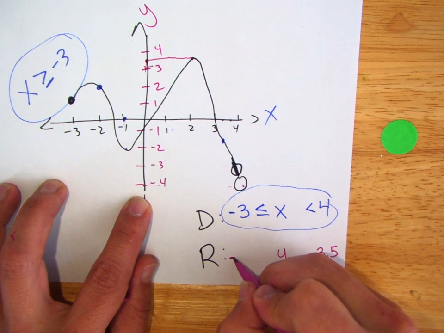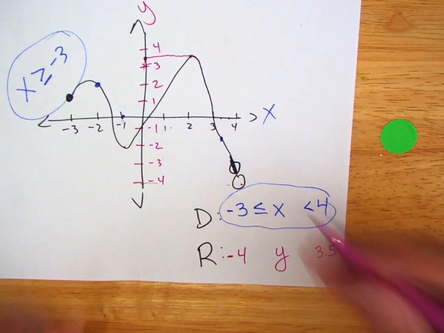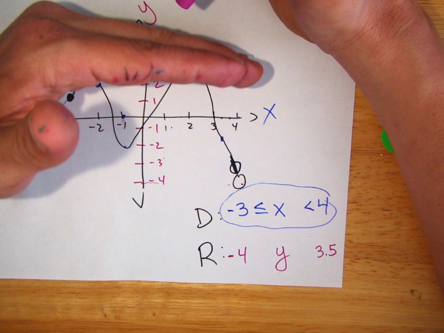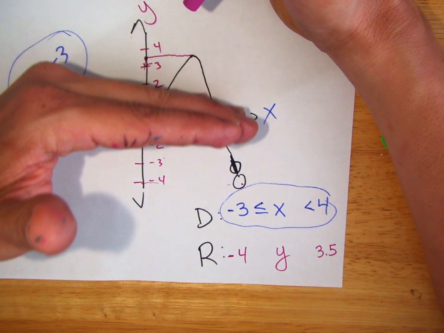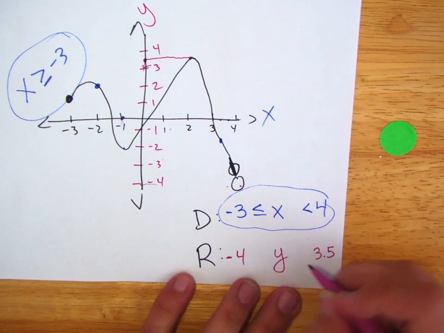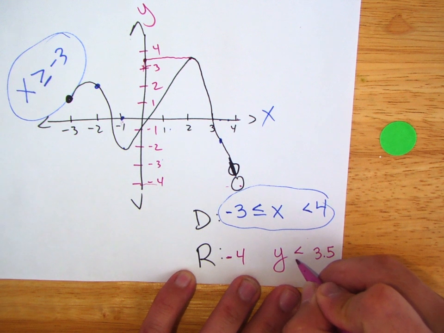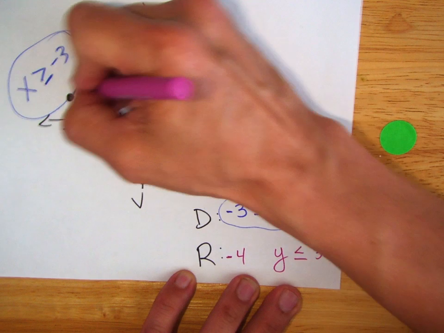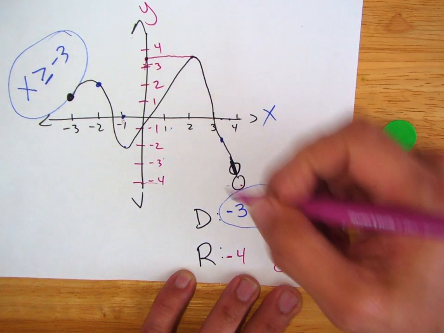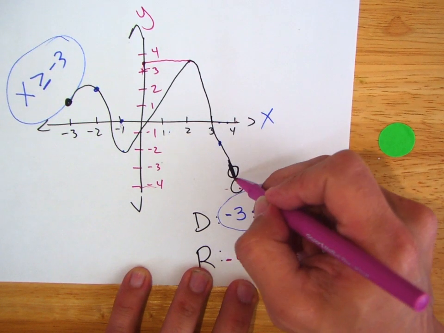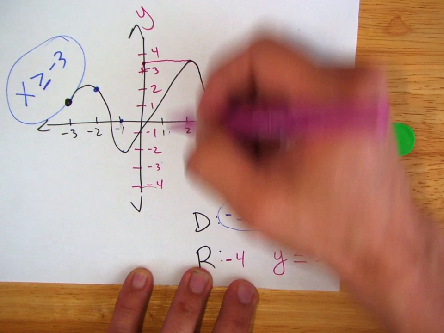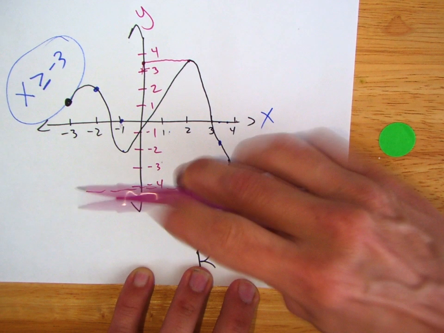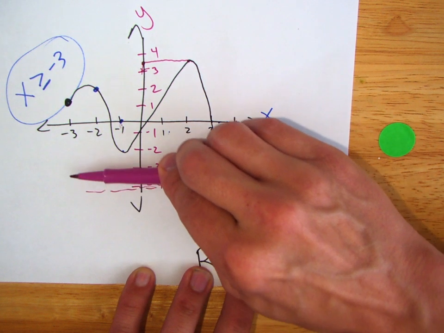So it's -4. So now let's determine the inequality. For y, you're going to use all the numbers going down, because it's on the graph, that are smaller than or equal to 3.5, because it's including, it's on the line. And then the y over here, on this one, you want all the y's that are bigger.